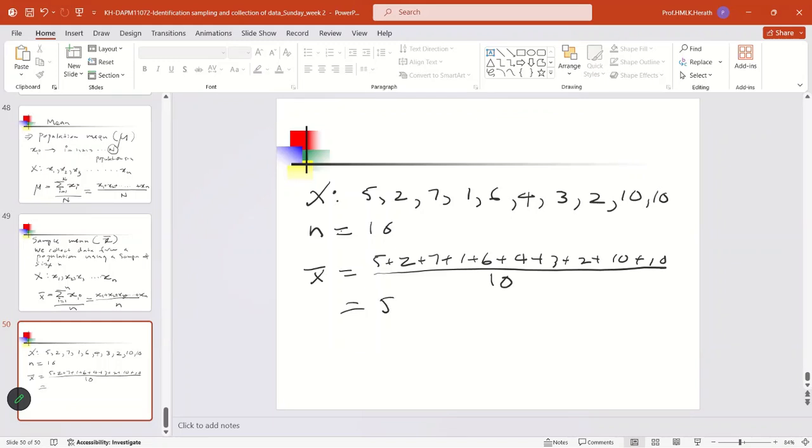So this is 50 divided by 10 equals 5. This is the mean of the sample, the sample mean. So this is our data set.